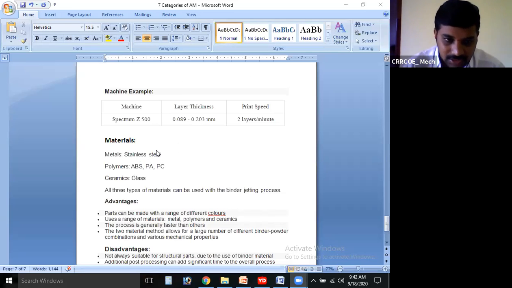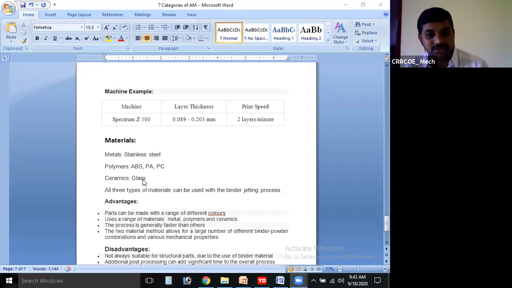In the binder jetting category, we can produce stainless steel components, and polymers such as acrylonitrile butadiene styrene, polycarbonate, and polyamide, and also ceramics, even glass. Brittle materials can also be produced by this binder jetting process.